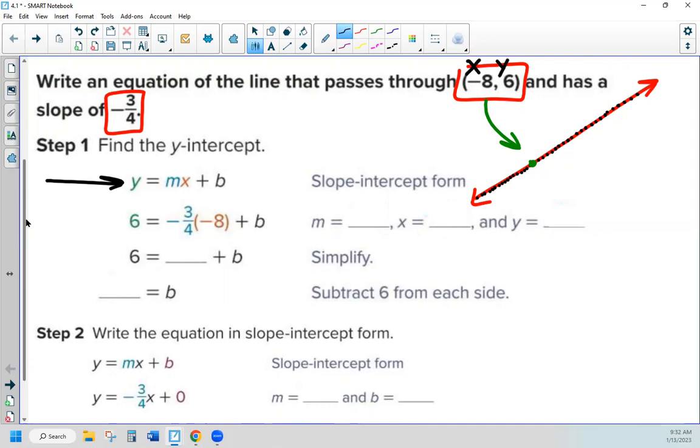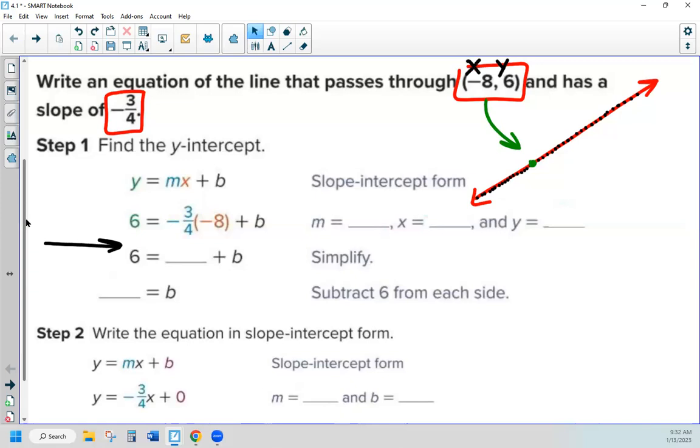So for y we put 6, and for x we put -8. The slope, m, is also given to us. The only thing that's not given to us is the y-intercept, and that's why step 1 says find the y-intercept.